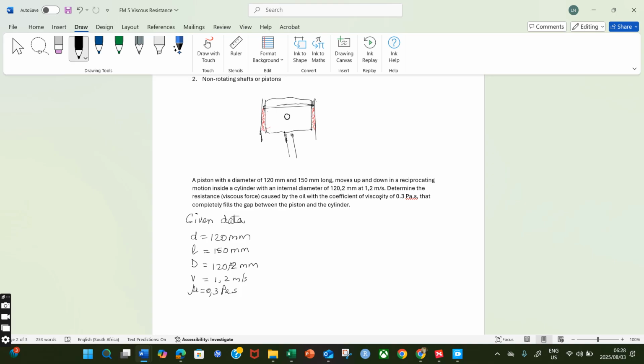All right, we have our piston that is moving up and down there. And we have the lubricant there, lubricant that fills the space between the shaft and the bearing, and the piston.